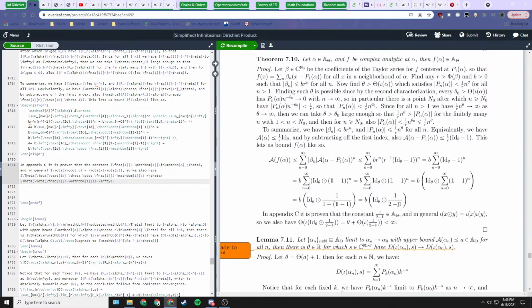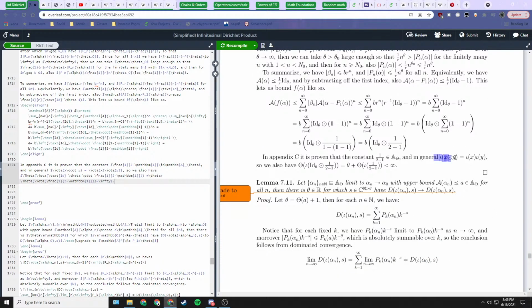So in Appendix C, it's proven so that we have this constant in A theta. And in general, we're just noting, if we do iota of this pointwise product, it's the same as just iota x times iota y. So again, in the context of sequences, we just assume multiplication to be implicitly pointwise multiplication.